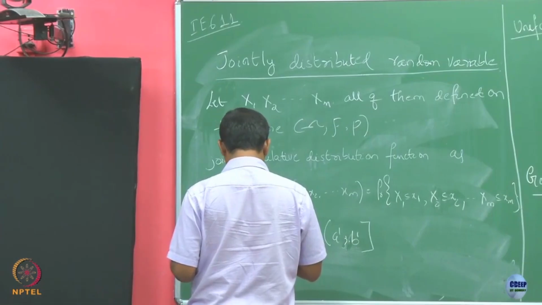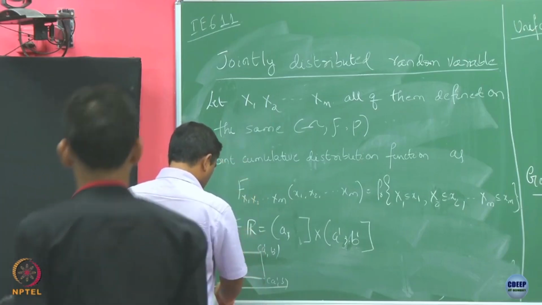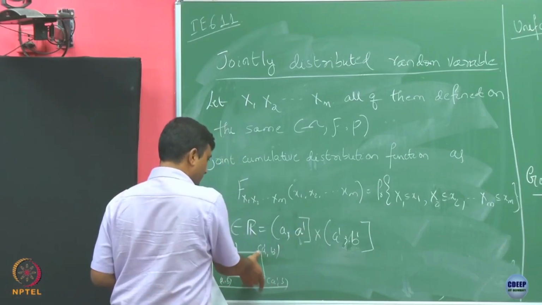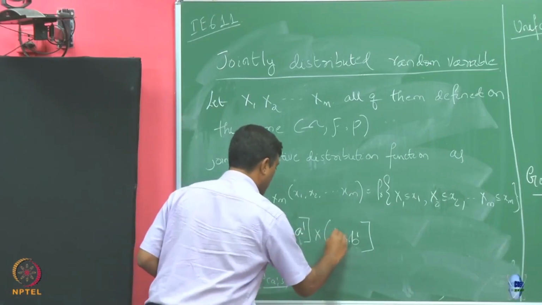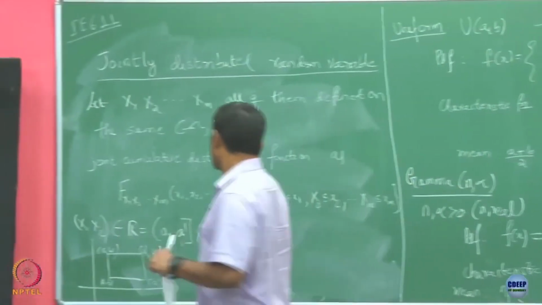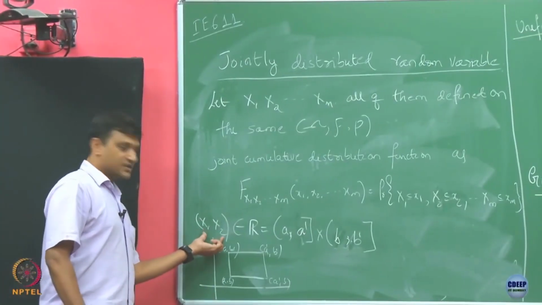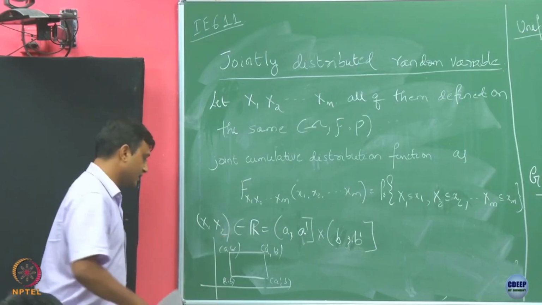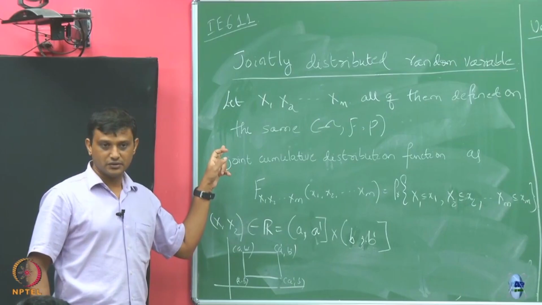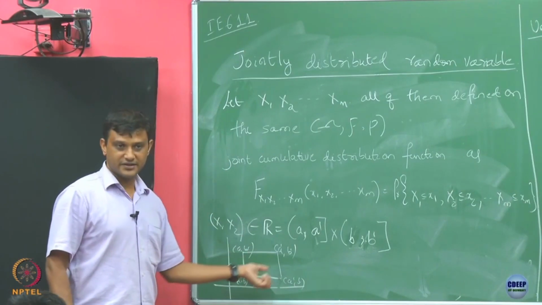In the way I have written it, this interval is going to be A prime, and this vertical is going to be B prime. Let us say my x axis represents x1 and my y axis represents x2. What is the probability that they will fall in this region?